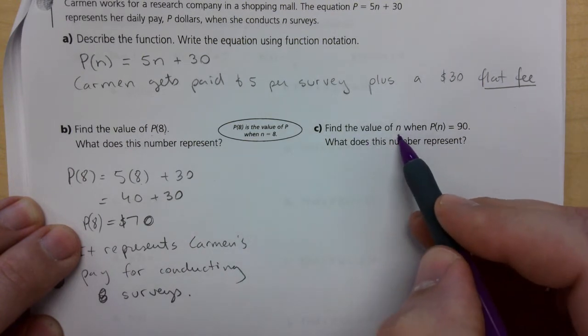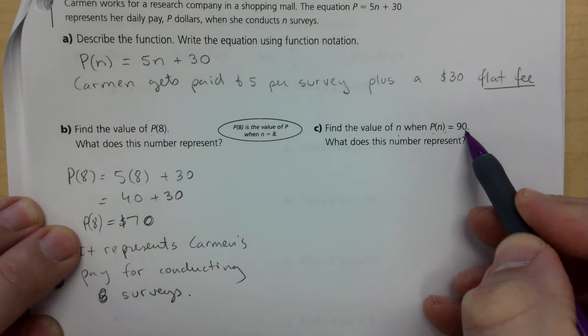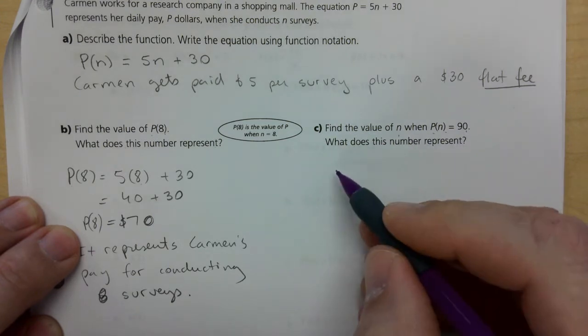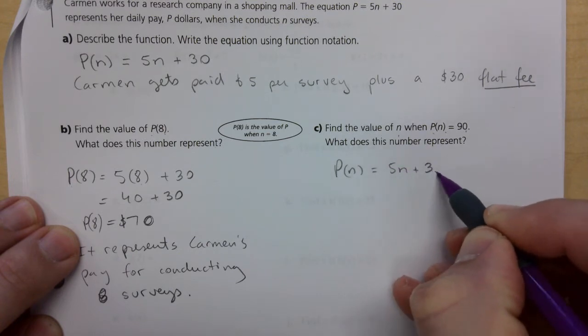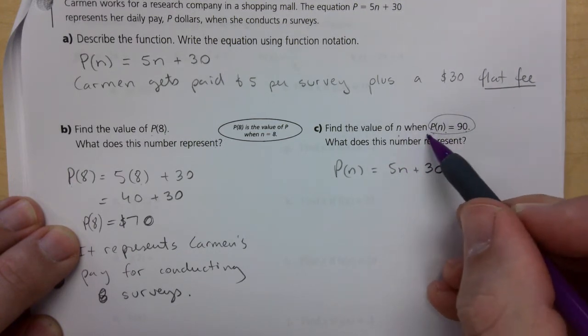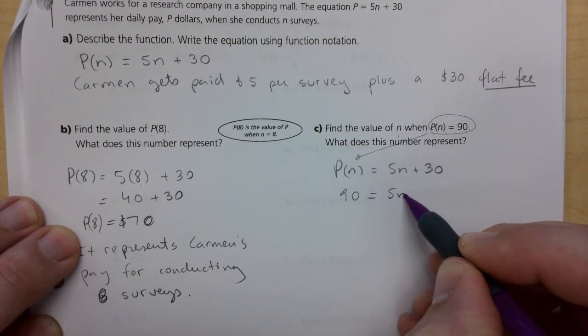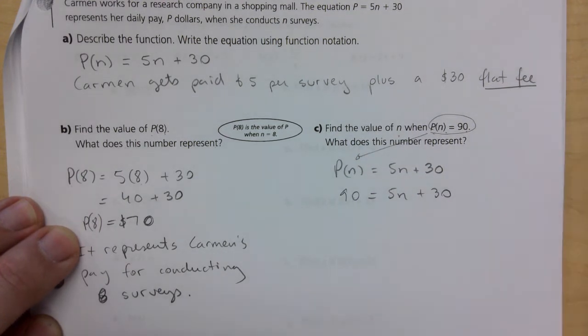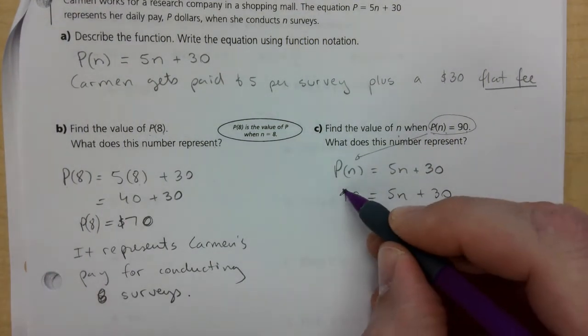Find the value of N when Pn is equal to 90, right? So they're basically, if you start off with this again, Pn is 90, right? So we're going to substitute 90 in there and then essentially isolate N. And these types of questions, right now, there are no fractions just yet.